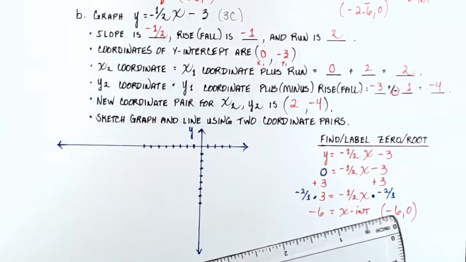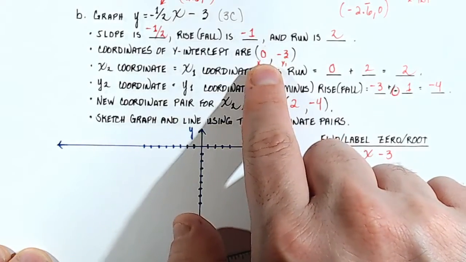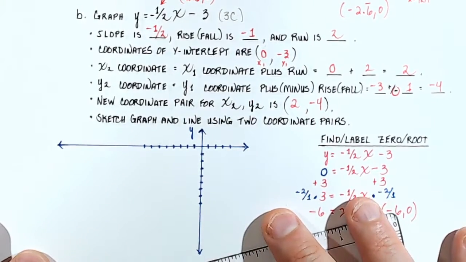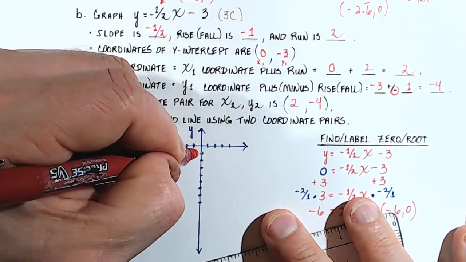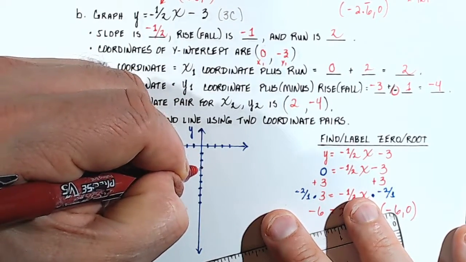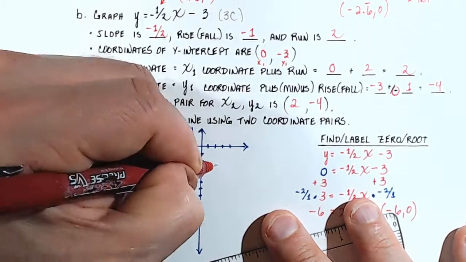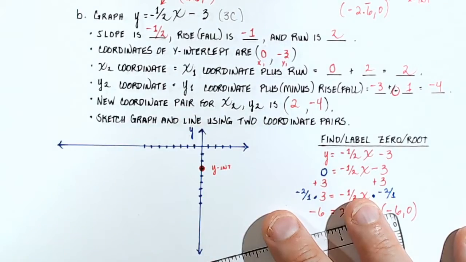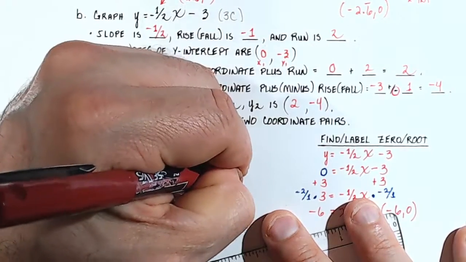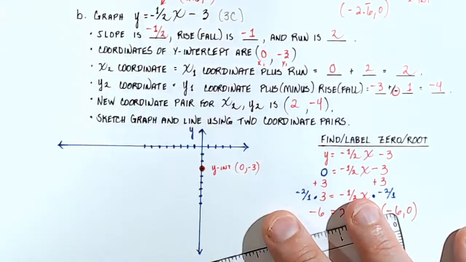Good enough. So let's see if we can plot all of our points now. First point would be the y-intercept at 0, negative 3. So 0, negative 3 right here. This is the y-intercept, y-int, at 0, negative 3.